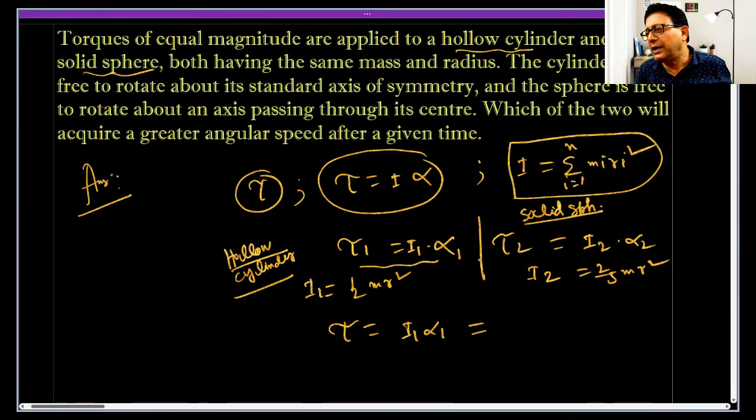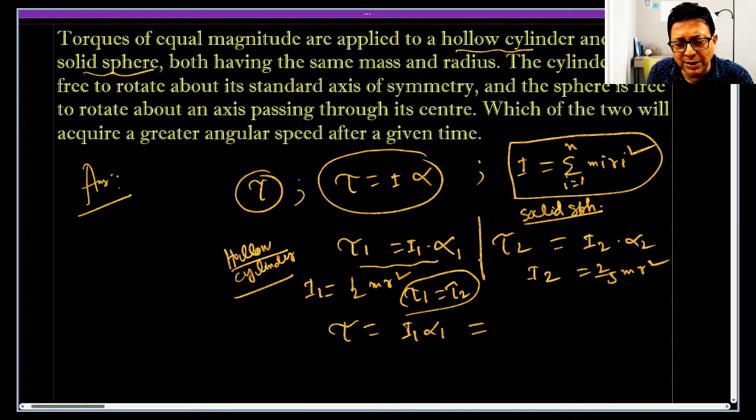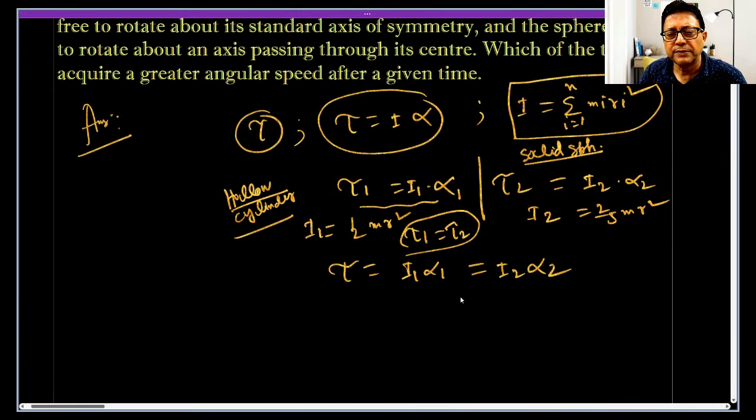This question is given in NCERT as question number 7.11, in the chapter on system of particles and rotational motion. And the same tau, tau 1 equal to tau 2. So I1 alpha 1 equals I2 alpha 2, you put it there.